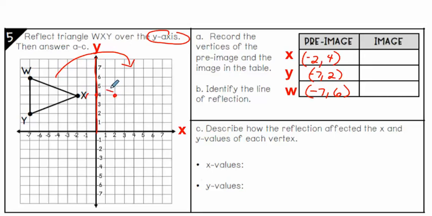This is my x. My w from here, it's 1, 2, 3, 4, 5, 6, 7. So I'm going to go 7. 1, 2, 3, 4, 5, 6, 7. That's my w. And then my y from here is 7, so I have to go 7 here. That's my y, and then I'm going to connect them.